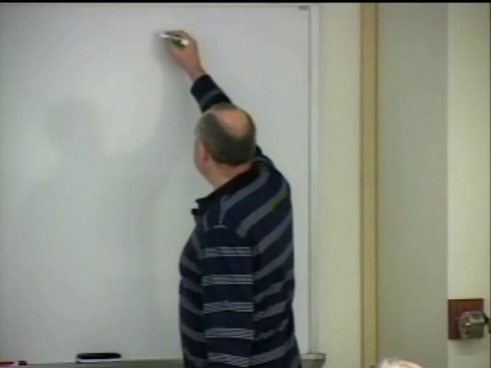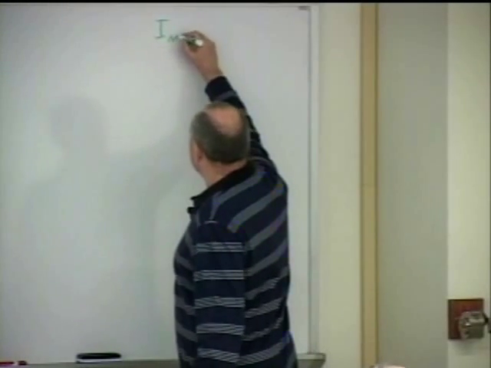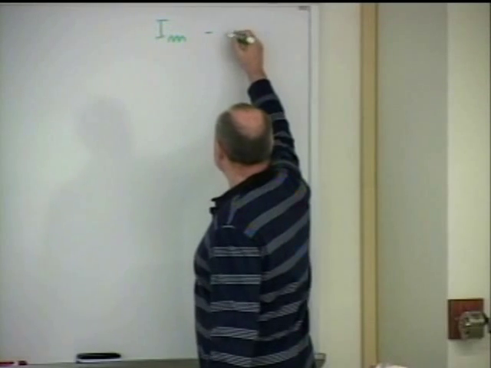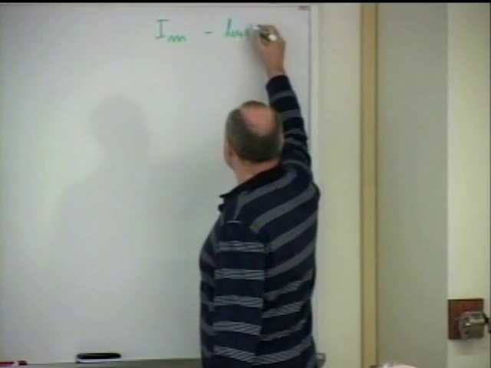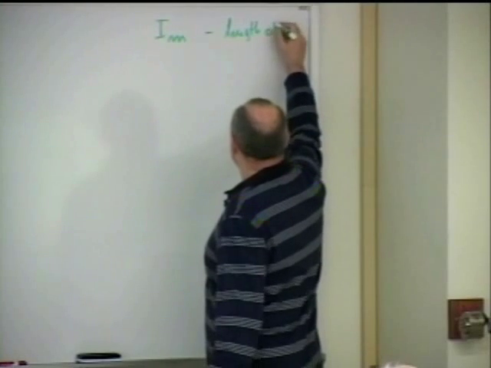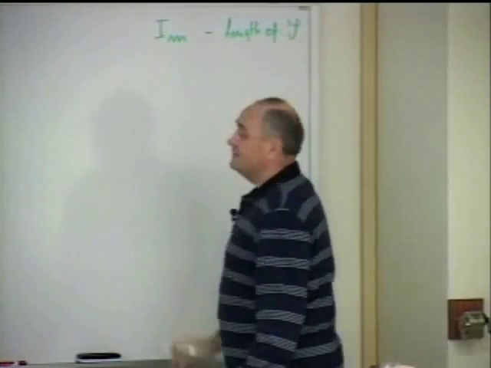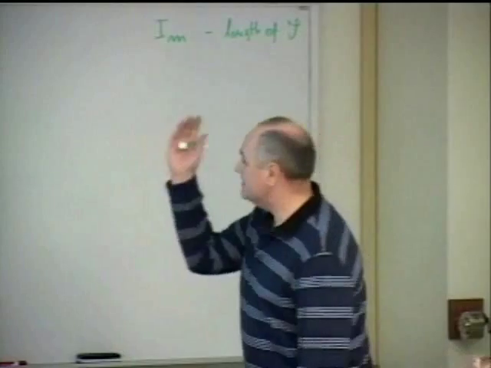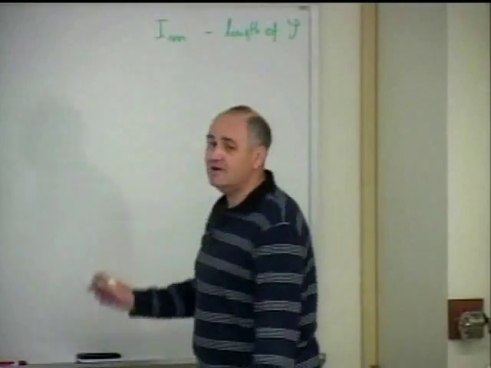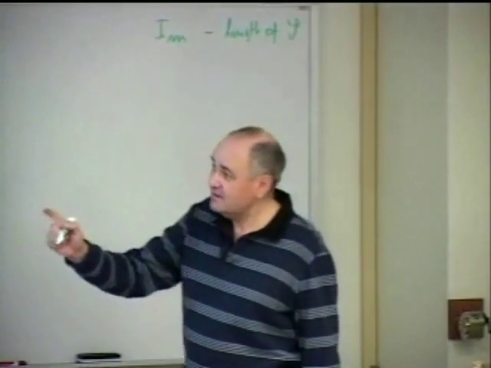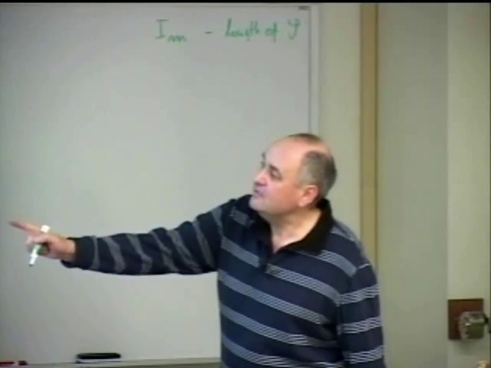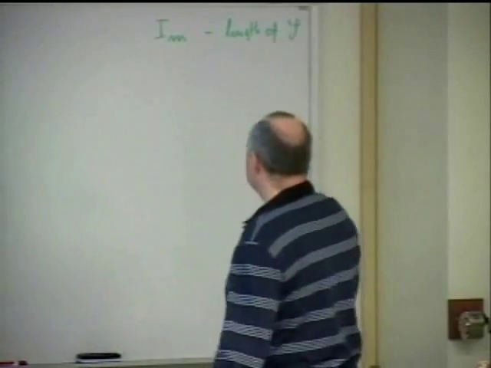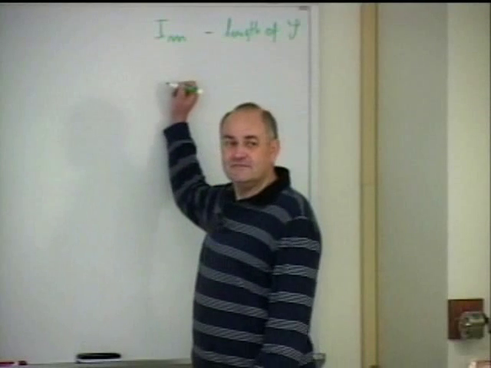In other words, what is VRM? How is this one related to the peak value of the current? Looks like 1.5. Yes, it looks like 1.5, but why 1.5? Yes, Andrew, why is it 1.5?